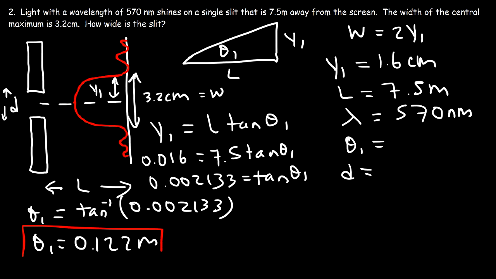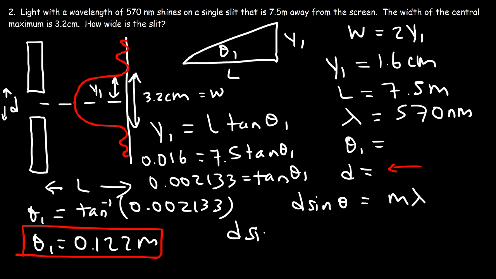So now that we have the angle, we can calculate D using this formula. D sine theta is equal to m times lambda. So this is going to be sine of that angle, 0.122, and m is 1 because we're dealing with the central maximum only. So here, the first dark fringe will have a value of 1.